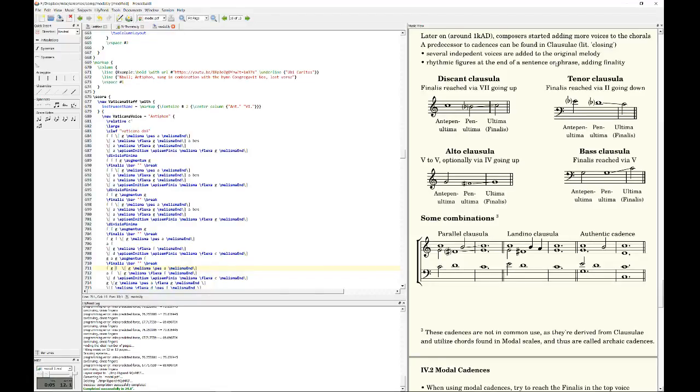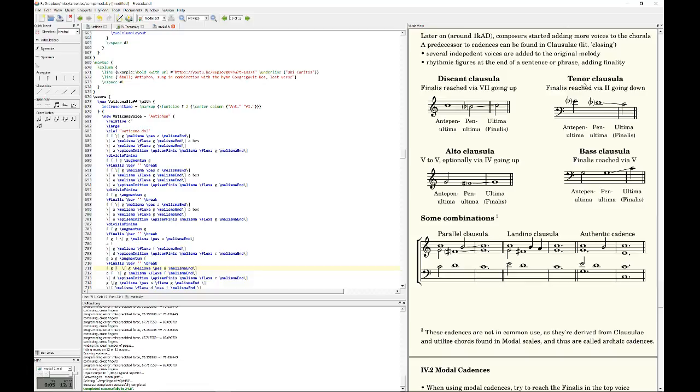There were different ways to have the voices reach the finalis, either from one note below, and that was called a discant clausula. So the final note or the root note is reached by going up from the 7th step. Depending on the mode, that step may have been flat or not. And if the root is being reached from one tone above, it's called a tenor clausula.